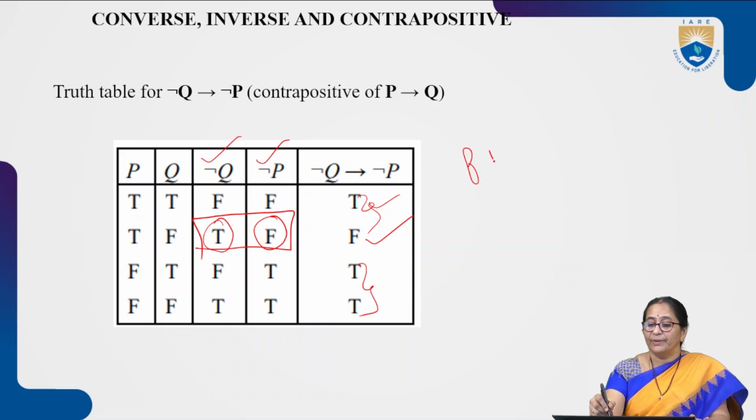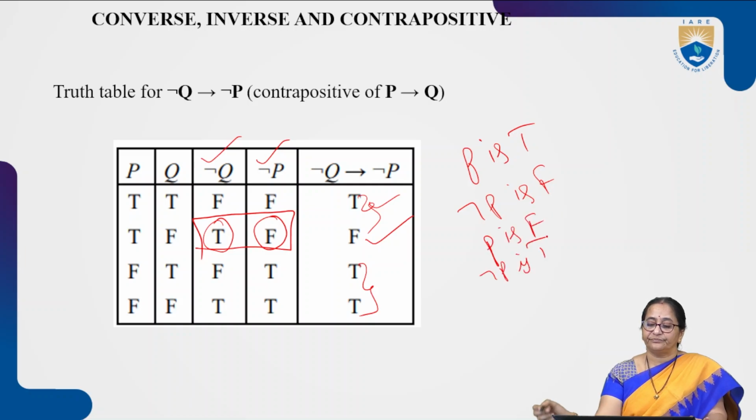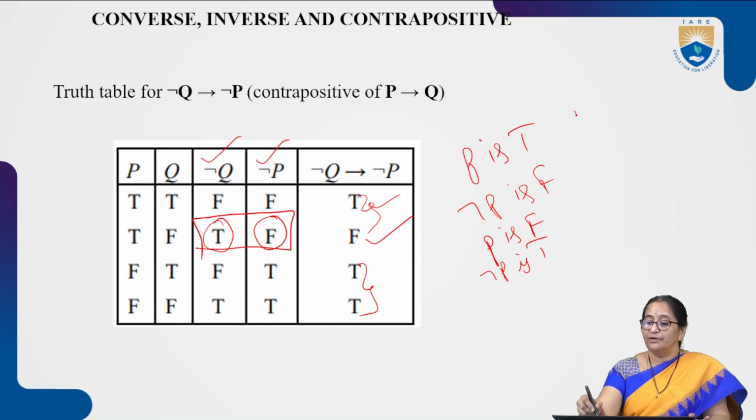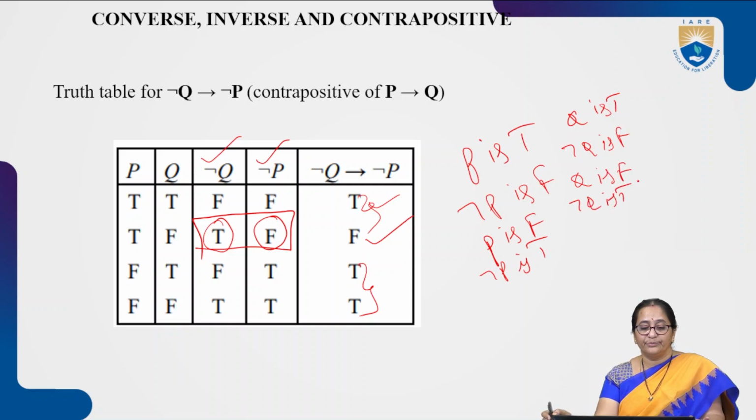If the value of P is T, then negation P is F. If the value of P is F, negation P is T. Similarly for Q also. If the value of Q is T, its negation is F. If the value of Q is false, negation Q is T. And like that we can represent.